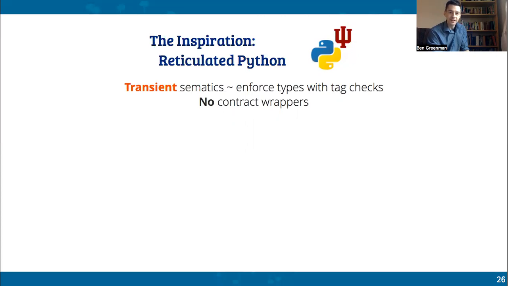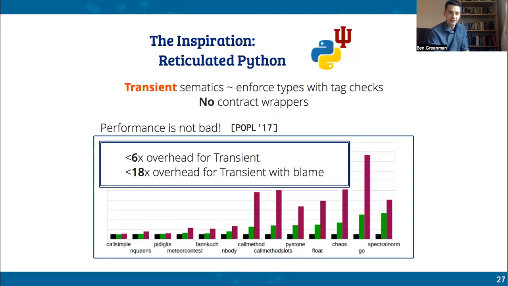And this was inspiring to us because they evaluated Transient on several Python benchmarks, and they found the performance was not at all bad. In the worst case, they saw a 6x slowdown for these transient checks alone. And when they turned on something called blame, the overhead went up to 18x. So still, compared to guarded, this is not bad at all.